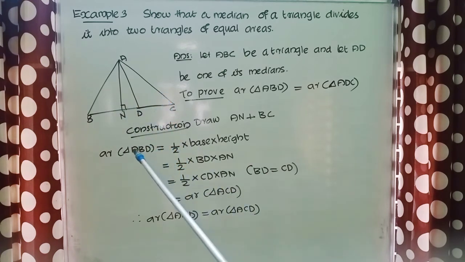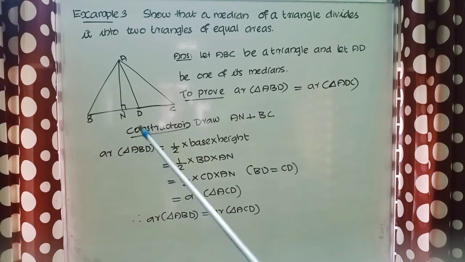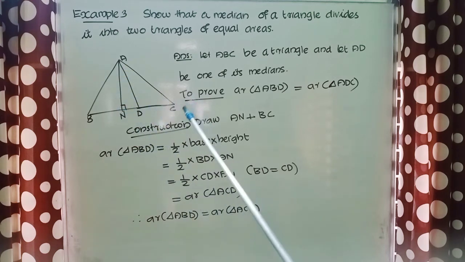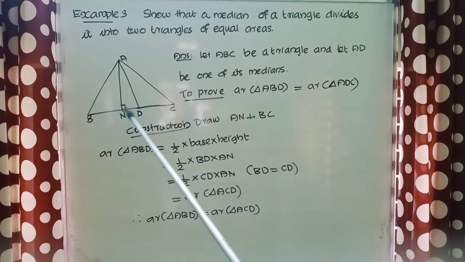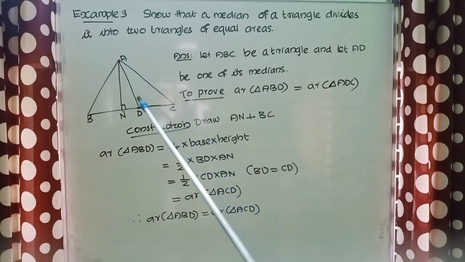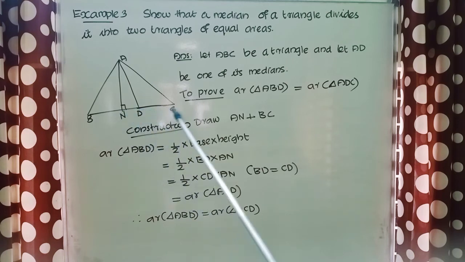Now let us find out what is the area of triangle ABD. Area of triangle ABD equals half into base into height. The base of triangle ABD is BD. So we can write half into BD into AN. And we know this AD is the median. So this BD and CD both are equal. So this BD we can replace by CD.